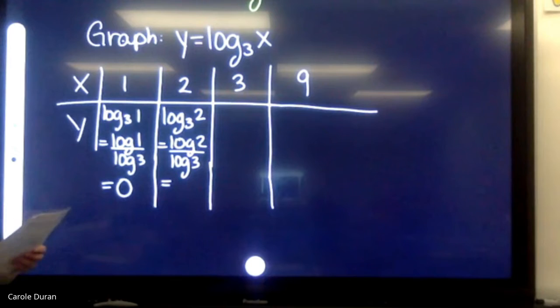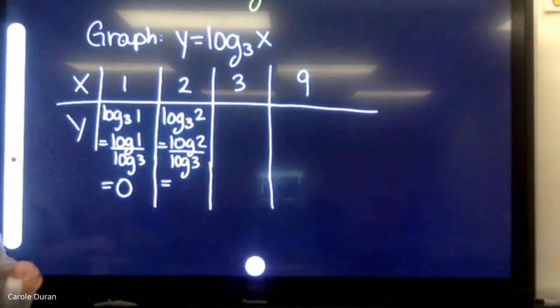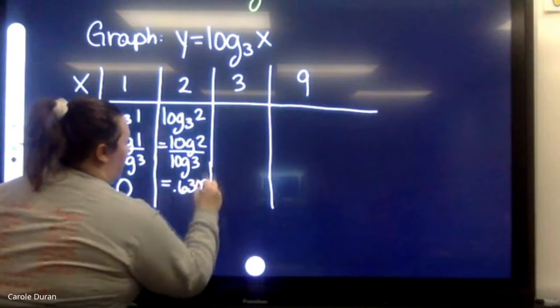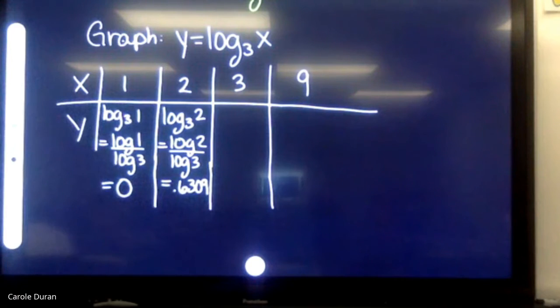What do we get when I plug in 2? I like 4 decimal places because it's more exact. So 0.6309 or 0.631. There's literally no difference in a graph.